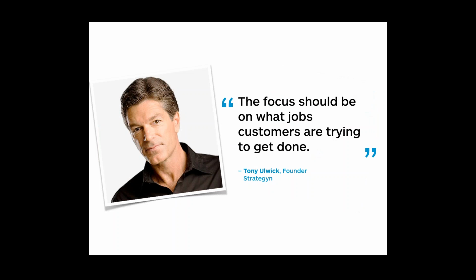But then Tony Ulwick says that the focus should be on what jobs customers are trying to get done. And if we can address the jobs customers are trying to get done, then we will be equipped to create a much higher quality product or service, and ultimately a much greater value proposition to that customer, okay?